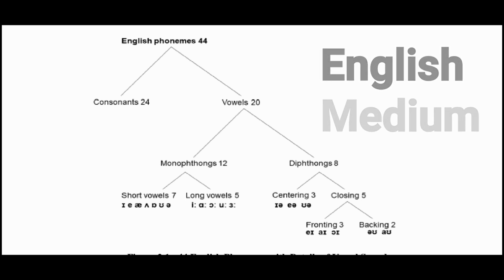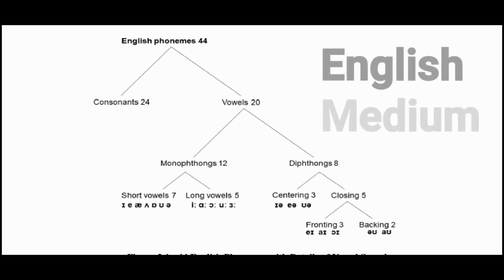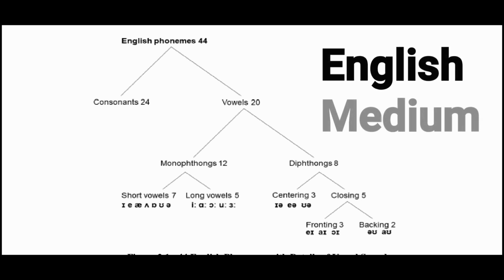In general we have discussed 5 vowels, but the actual vowels are how many? They are 20 vowels. So the complete English phonemes are 44, and when we classify them further, the consonants are 24 and the complete vowels are 20.